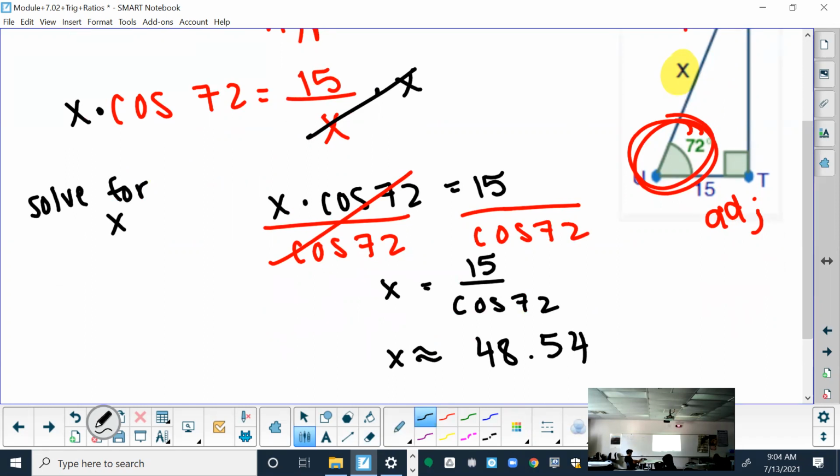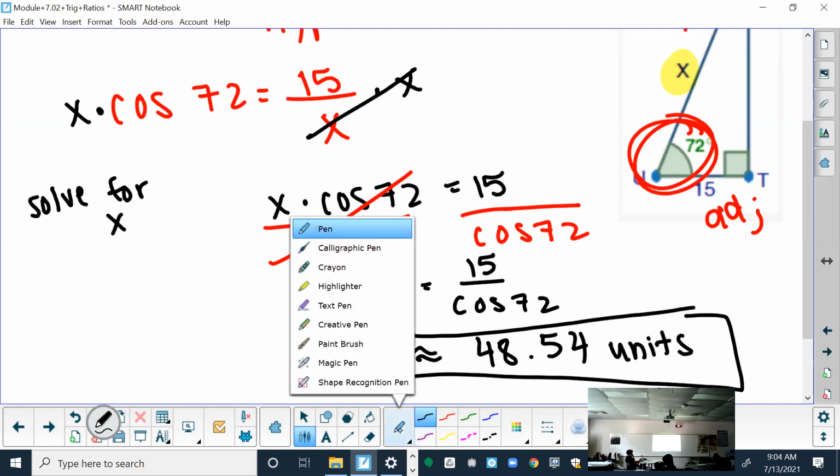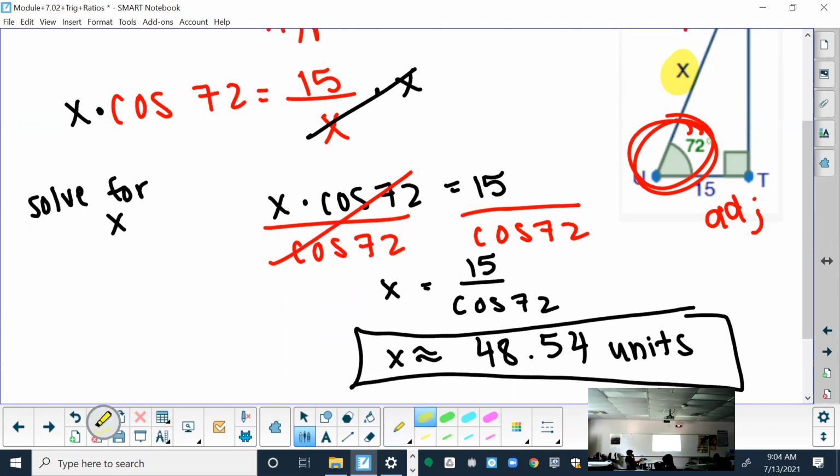Rounded to the hundredth spot, so 2 spots after the decimal, x is about 48.54 units. Sorry, I know that was a little repetitive, but we're just trying to make you get used to it when x is in the denominator.